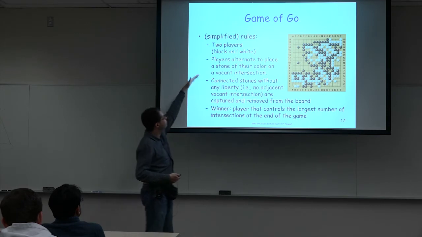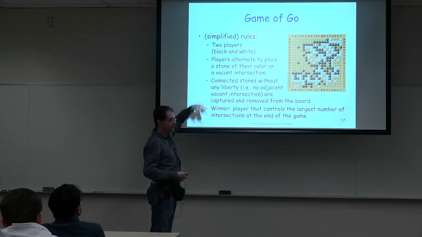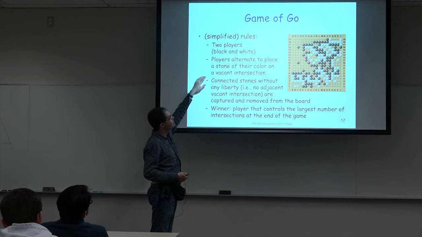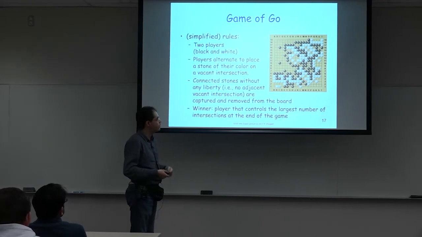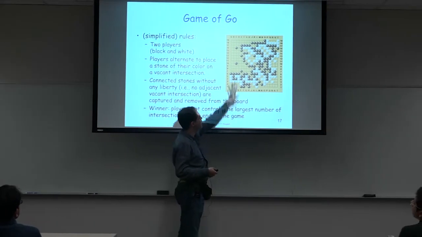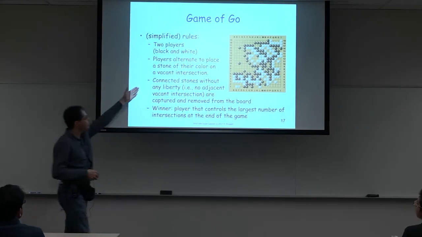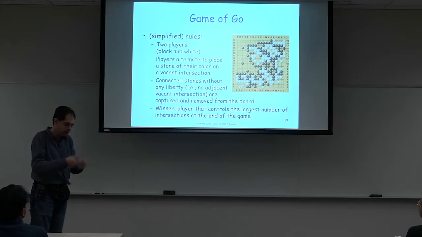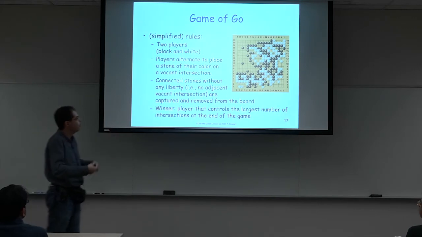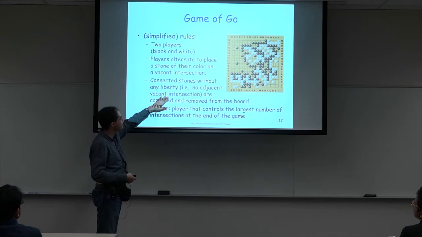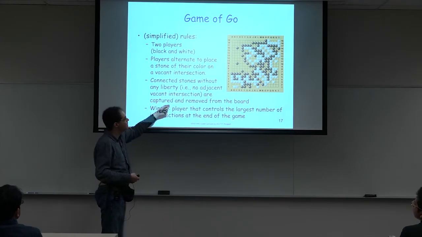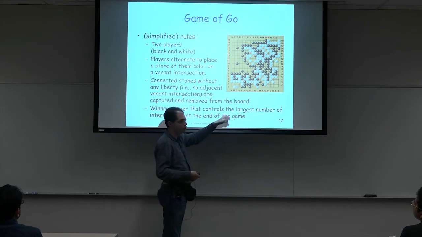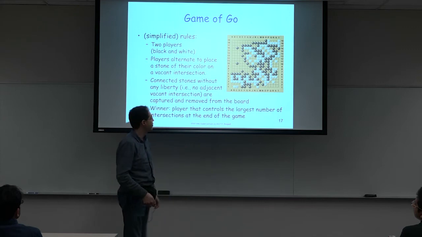So here I've got the rules where we've got two players, black and white. They alternate in terms of placing a stone, either a black stone or a white stone, at one of the intersections on the board. When they place a stone, after each move we check if there are some stones that do not have any liberty, where liberty simply means an empty intersection adjacent to that stone or adjacent to the neighbors of that stone.